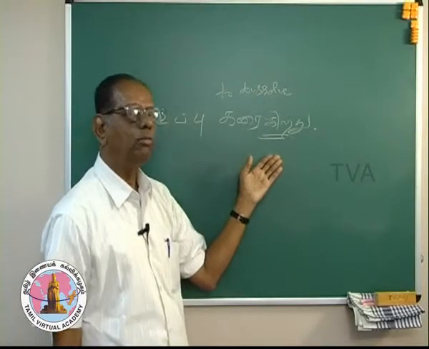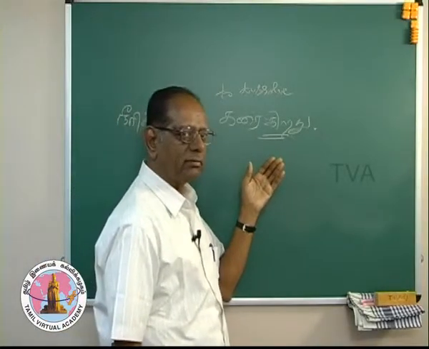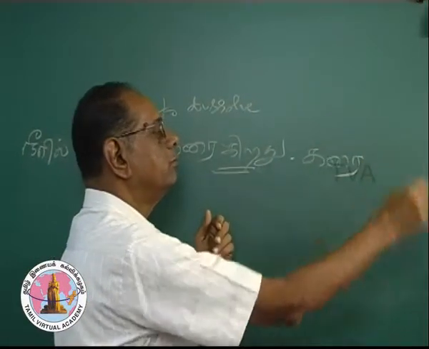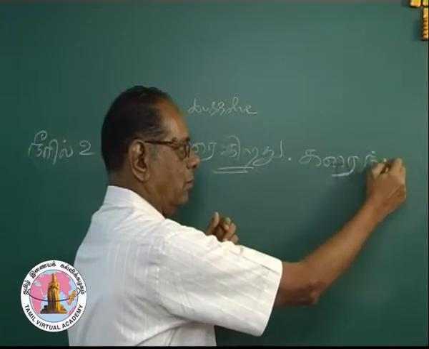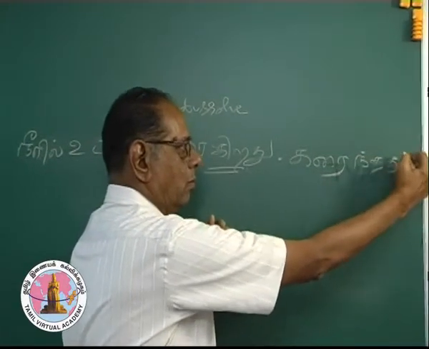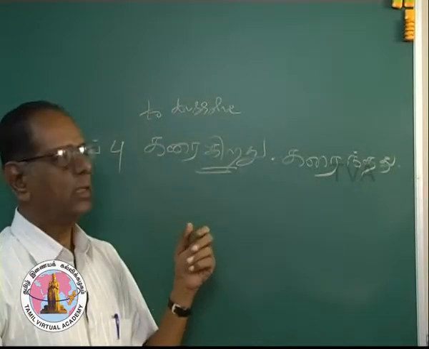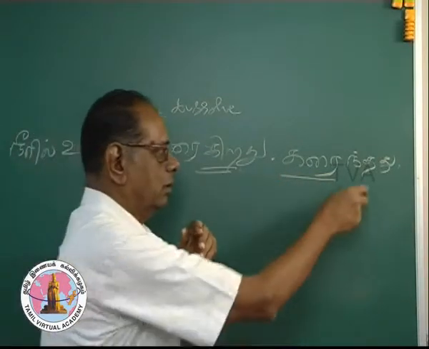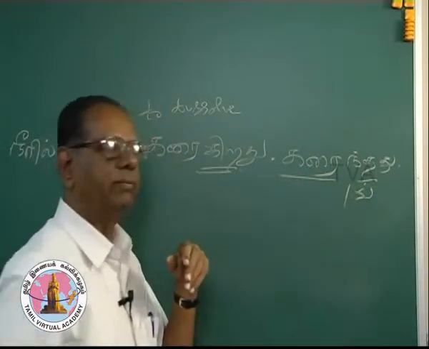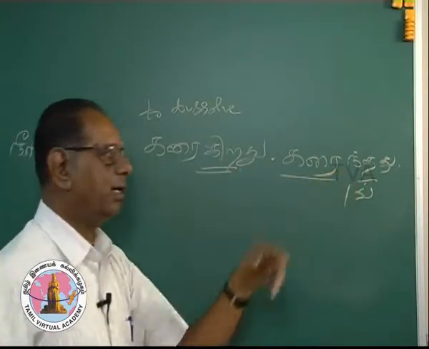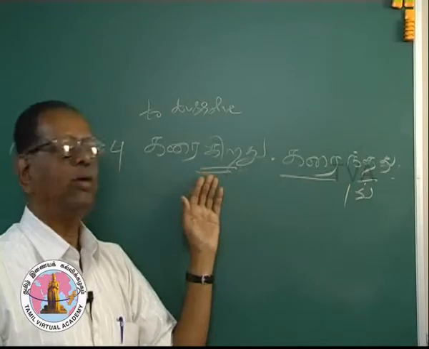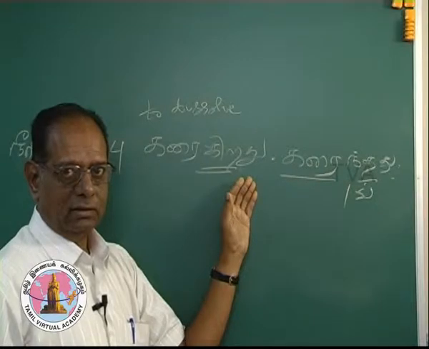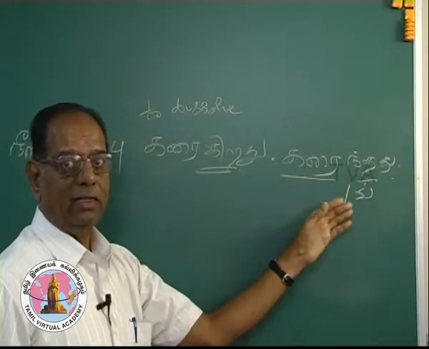What will be the form in the past? கரைந்தது. Karai is the root. It is the past tense marker. It takes a nasal, and adu is the person marker. The present tense form is karaigirathu, and the past tense form is karaindadu.